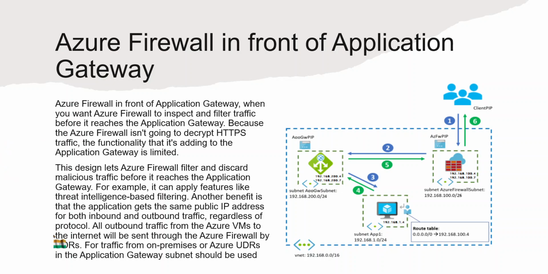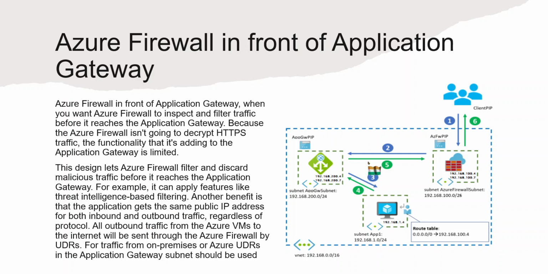So in this design, the Azure firewall will filter all the traffic before it reaches the application gateway. So it will hit the firewall first, whatever request comes in, and then it will go out.